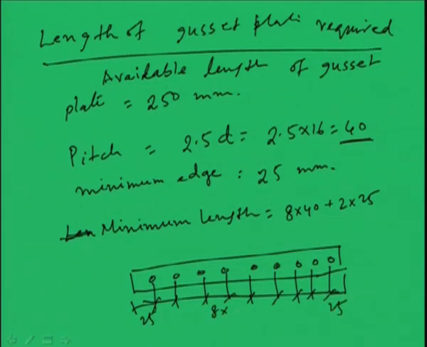So 8 into 40 plus 2 into 25 is becoming 370 millimeter, which is greater than 250 millimeter, right.